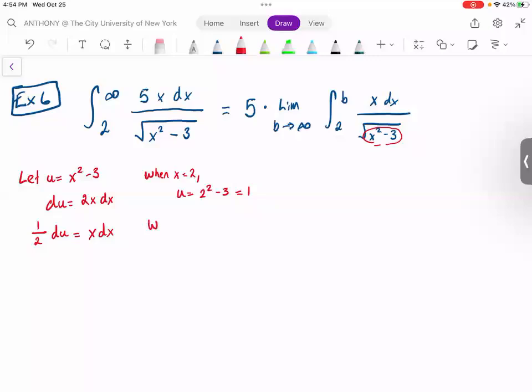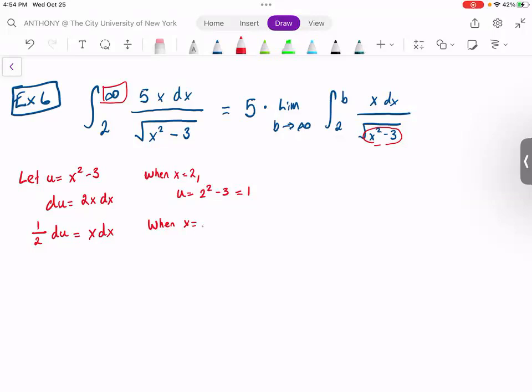On the other hand, we could say when x is equal to b, but for now, you could just say infinity, right? Because I want to look at the original integral, and the original integral had the infinity symbol. And we know that b is approaching infinity anyways, okay?